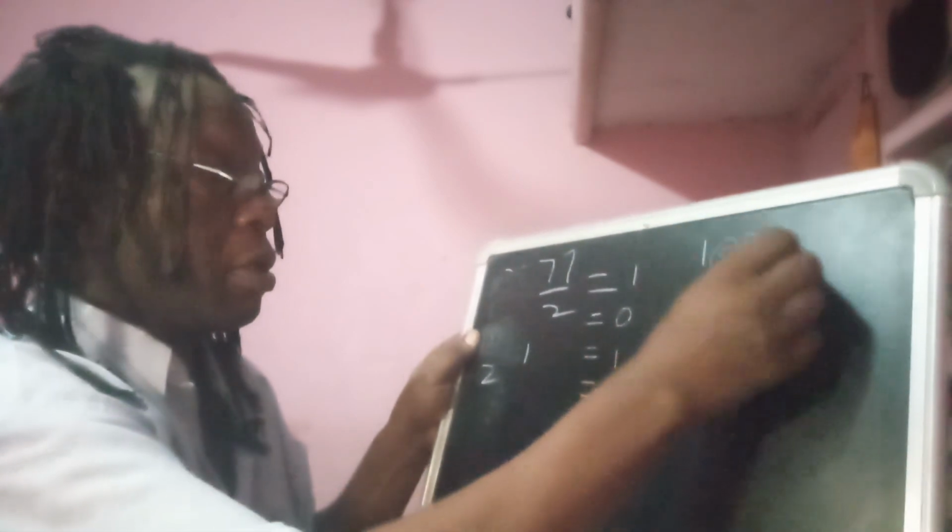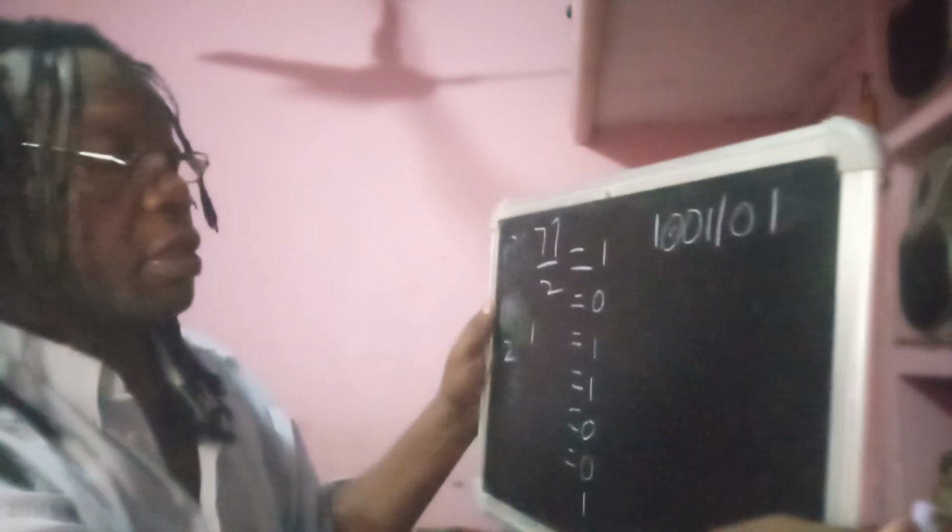Now to write it back, you write it from the bottom up. 1 0 0 1, which is this one, 0, which is this 0, then 1 1, then 0, which is this, and 1. Now this is the correct value.